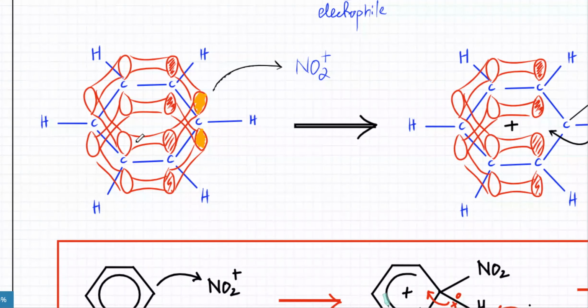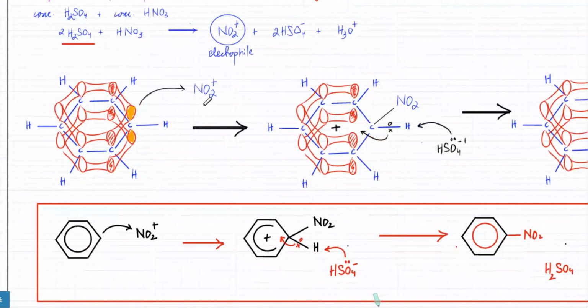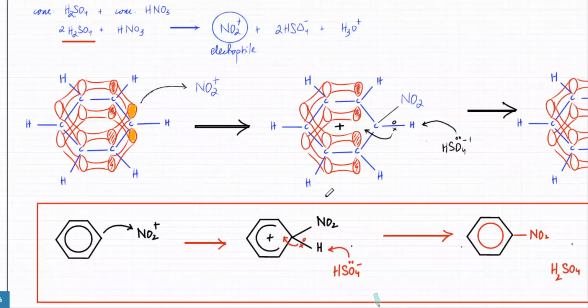That was normal electrophilic substitution. The electrophile could get attracted to any of the p orbital electrons. Because all of them were identical, they had almost the same electron density, so it could bond with any one of them.